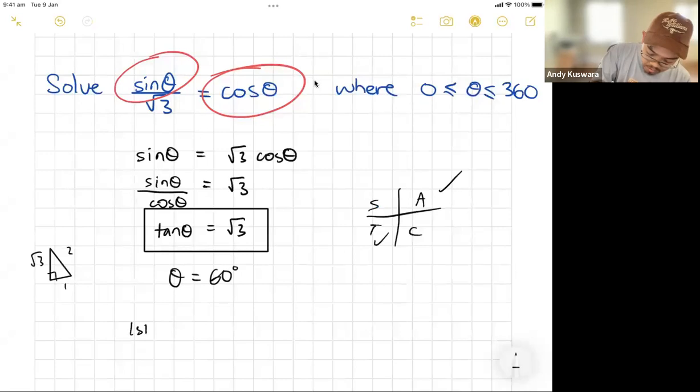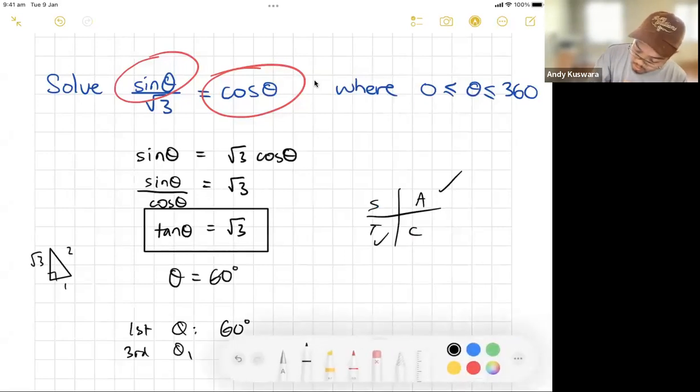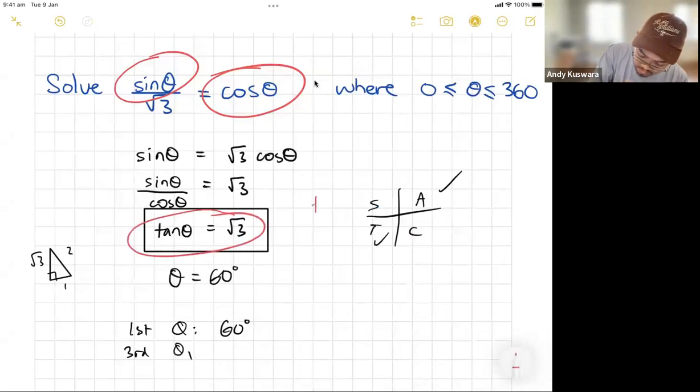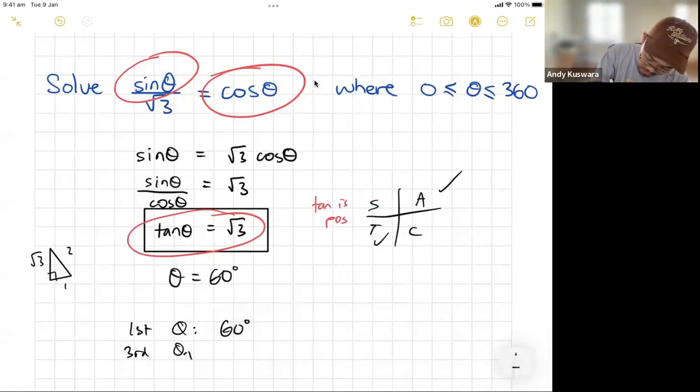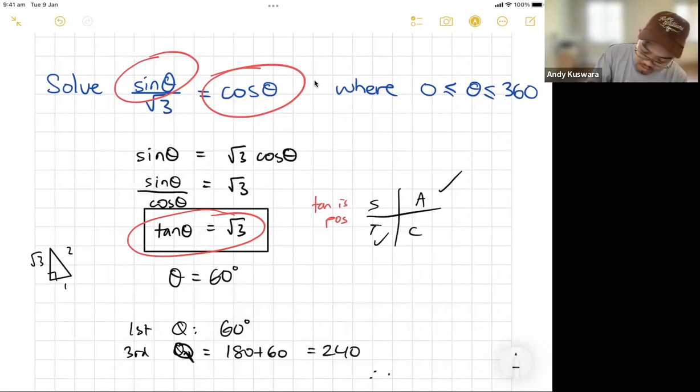So the first quadrant is nice and easy, it's 60. Your third quadrant, which we found because tan is positive, is 180 plus 60 equals 240. Your solutions to this are theta equals 60 and 240.